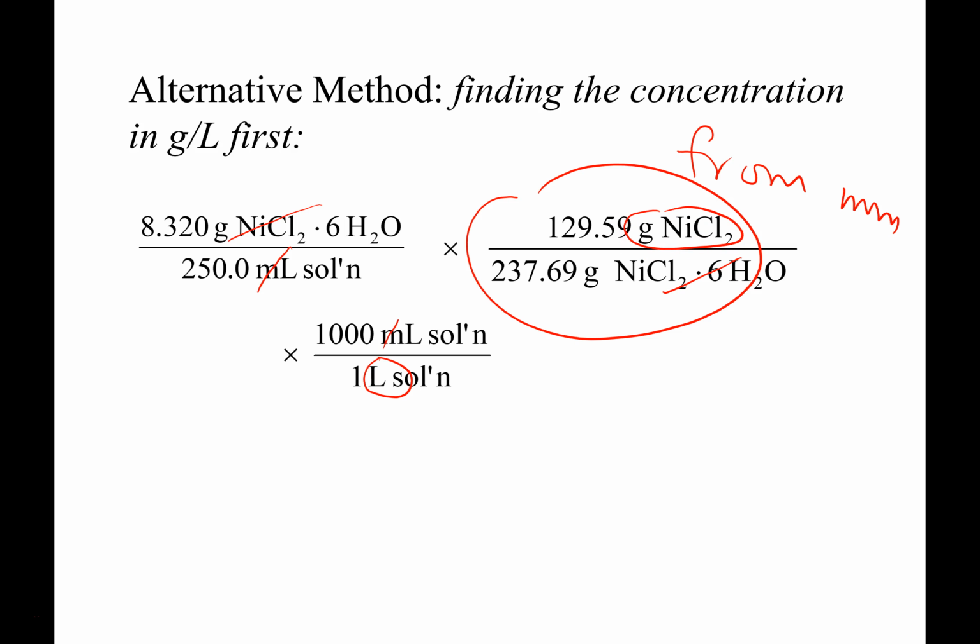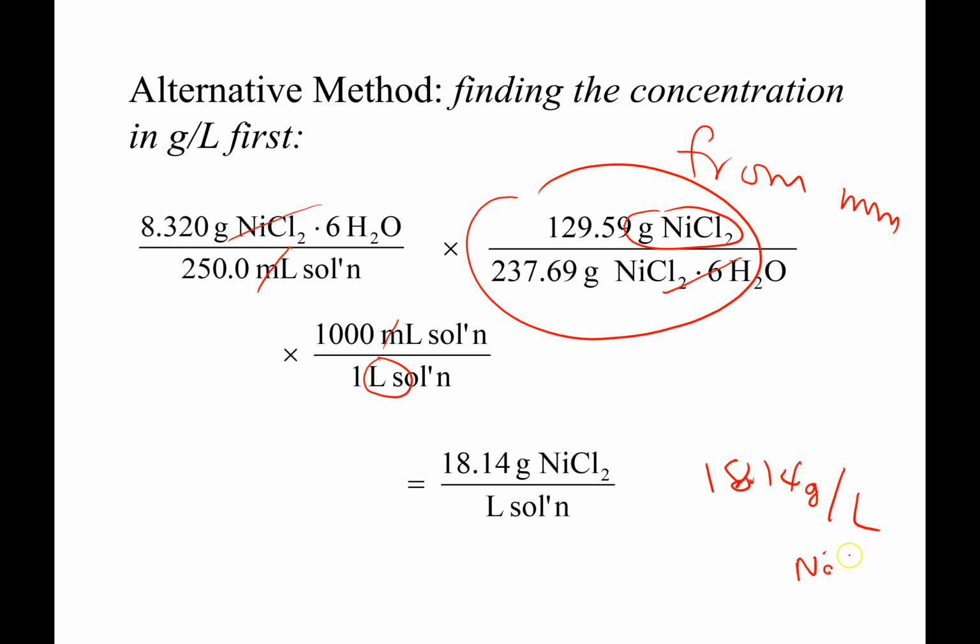And that's perfect. You're looking at 4 sig figs, it's what you're allowed. So you end up, not so surprising, with 18.14 g/L, grams of solute per liter of solution of the NiCl2.